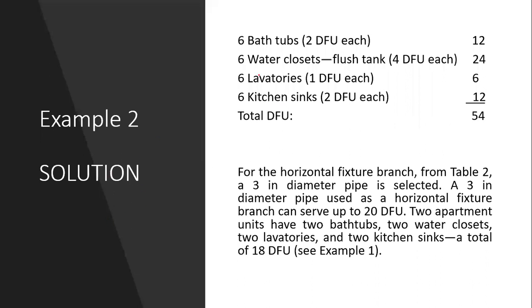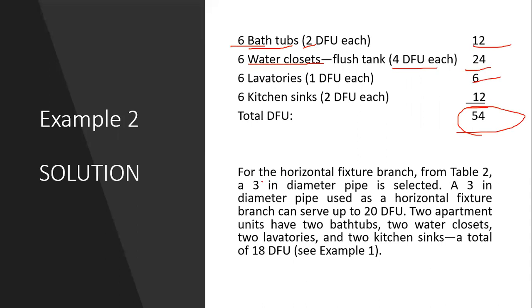For solution number 2, looking at table 1 earlier, for the bathtub, each bathtub has a DFU of 2. So we have 6 bathtubs, times 2 is 12. 6 water closets, the DFU is 4, so 6 times 4 is 24. 6 times 1 is 6. 6 times 2 is 12, for a total of drainage fixture units of 54.